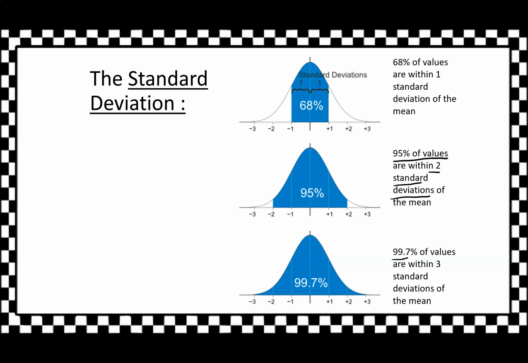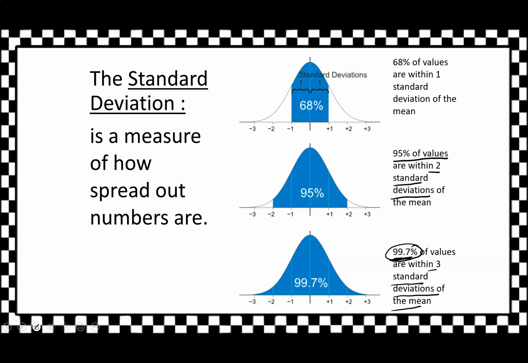And then 99.7 or 99.8, whichever you prefer, of the values are within 3 standard deviations of the mean. And really, 3 standard deviations of the mean is a huge spread. That's like saying test scores from 60 to 90. And that's why we can say with much confidence that 99.7% of the values are within that range.